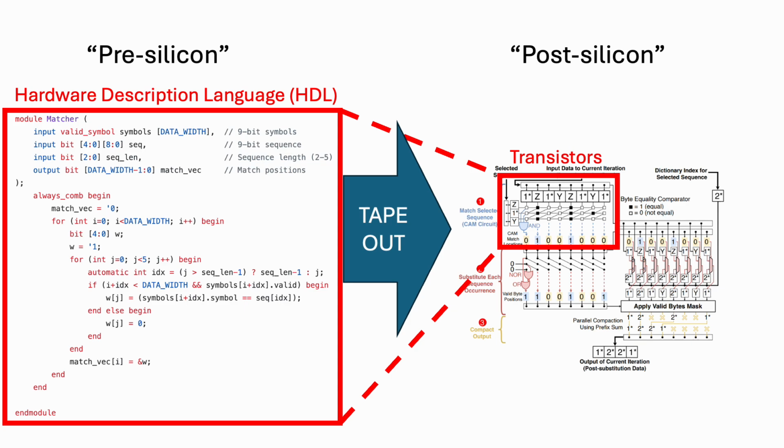After that, it's called post-silicon, because even if you find a bug, there's not really much you can do in terms of changing the physical layout or connections between the transistors.